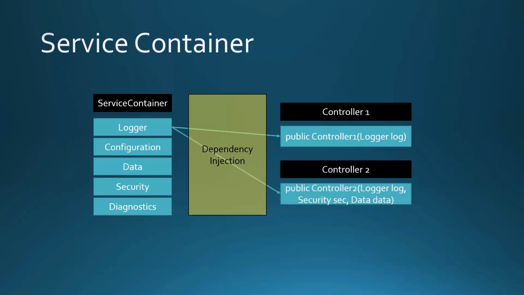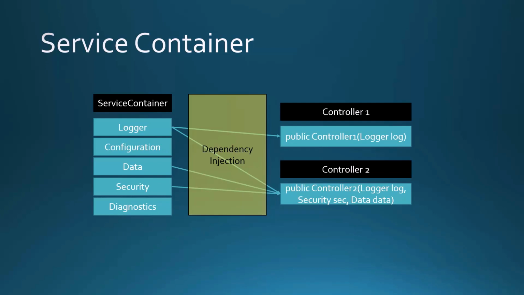Same thing if we had another controller and it has maybe the logger and the security and the diagnostics or the data that match up to this service container, dependency injection will take care of putting all of them into that controller.